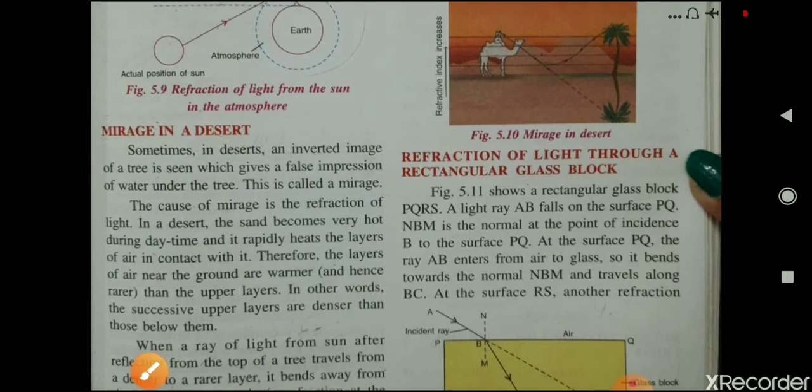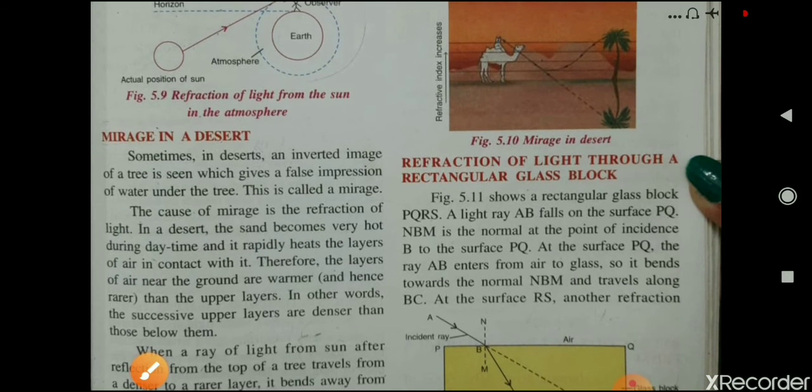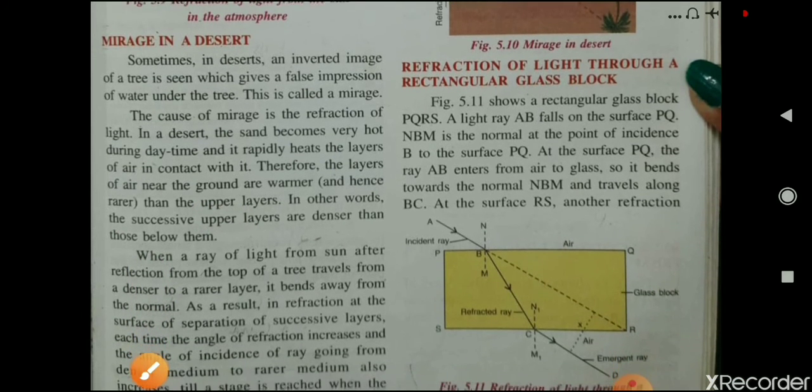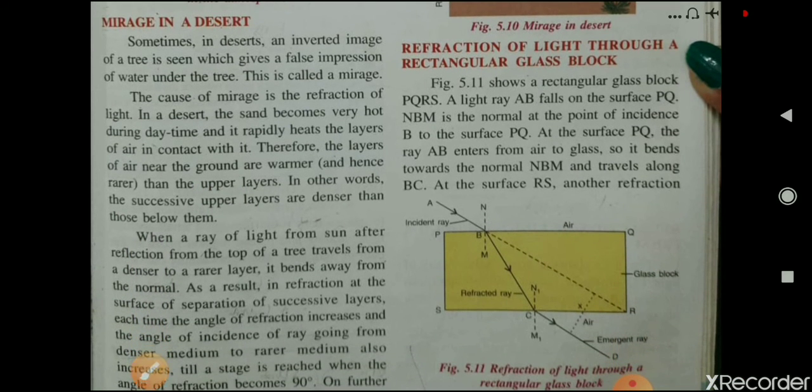Okay, as the desert is very hot during the daytime, it heats up the layers of air in contact with it. Therefore, the layers of air near the ground are warmer than the upper layers. In other words, the successive upper layers are denser as compared to those below them. And when a ray of light from the sun, after reflection from the top of a tree, travels from a denser to a rarer layer, it bends away from the normal.